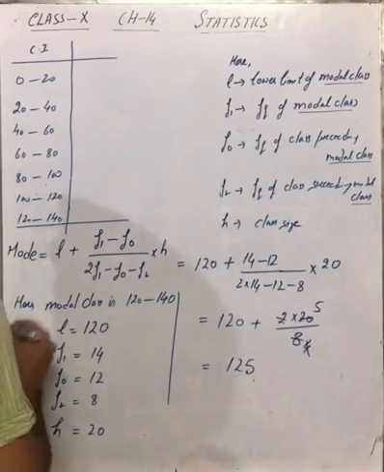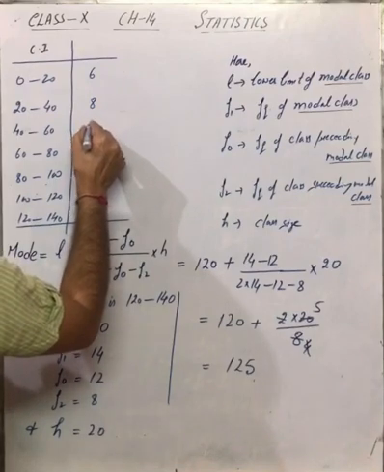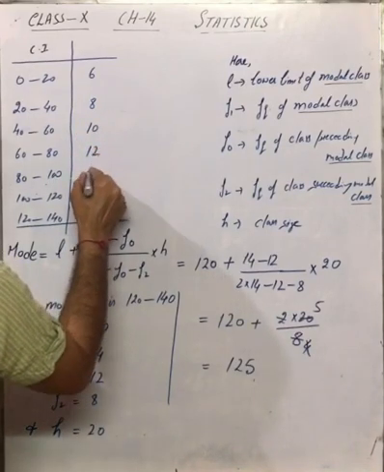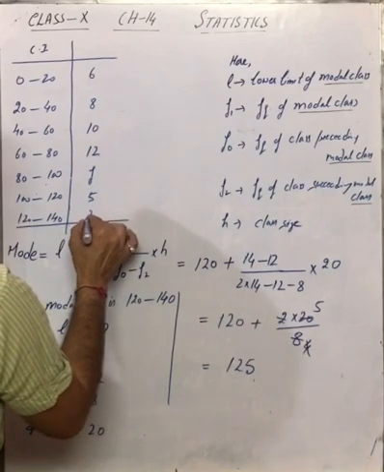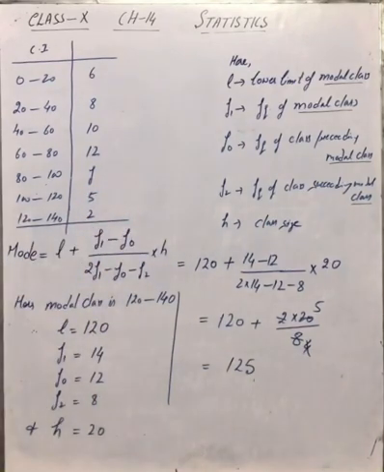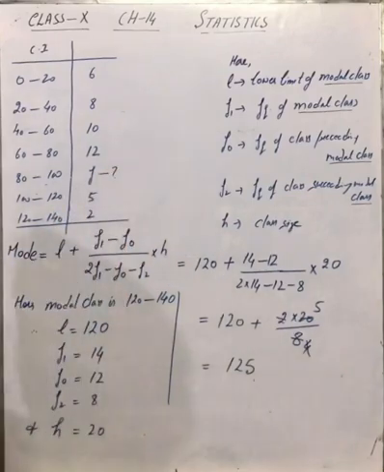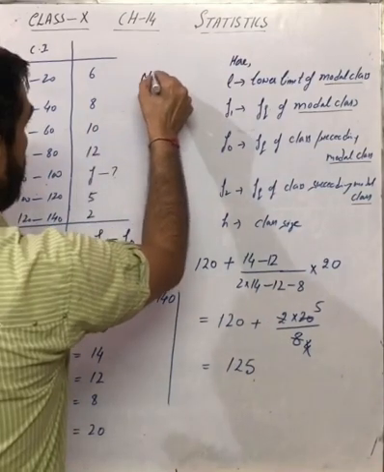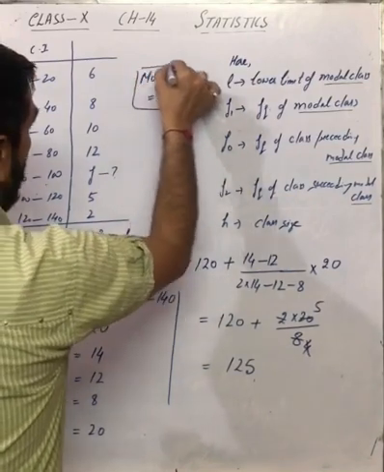Now let me write the frequencies: 6, 8, 10, 12, F, 5, 2. These are the frequencies. Now here this is the missing term F which we have to find. In this question mod is given, and mod is 65, which we have to use.